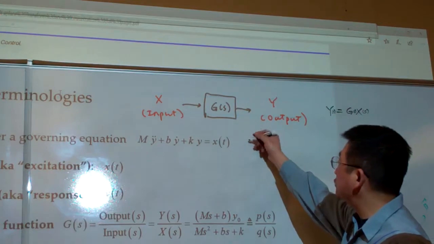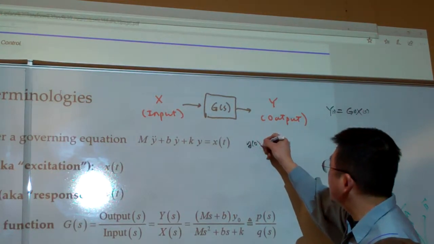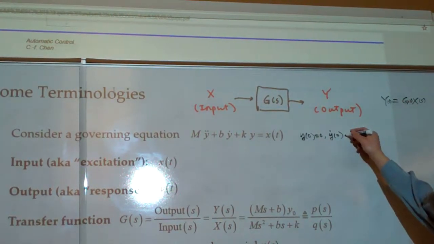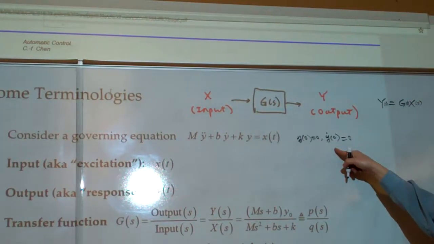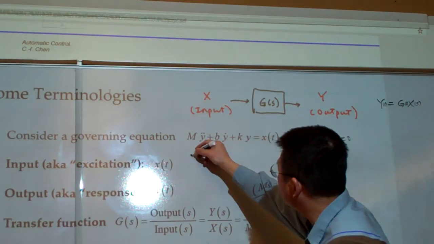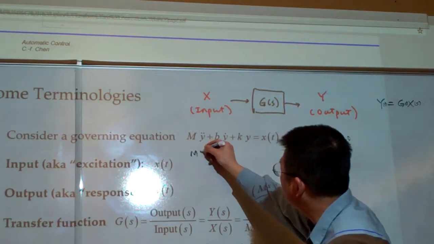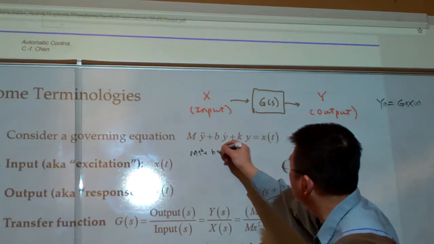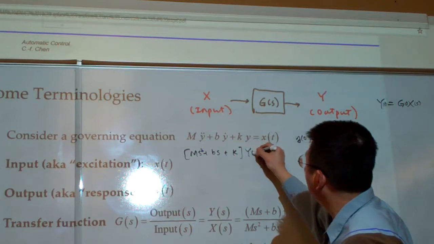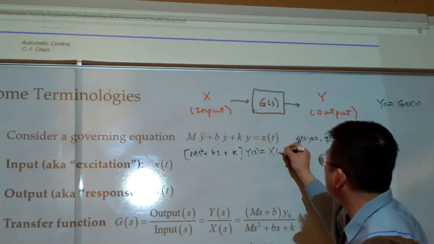Assuming we don't consider the initial conditions, then this one can be equal to (ms squared plus bs plus k) times y of s equal to capital X of s.